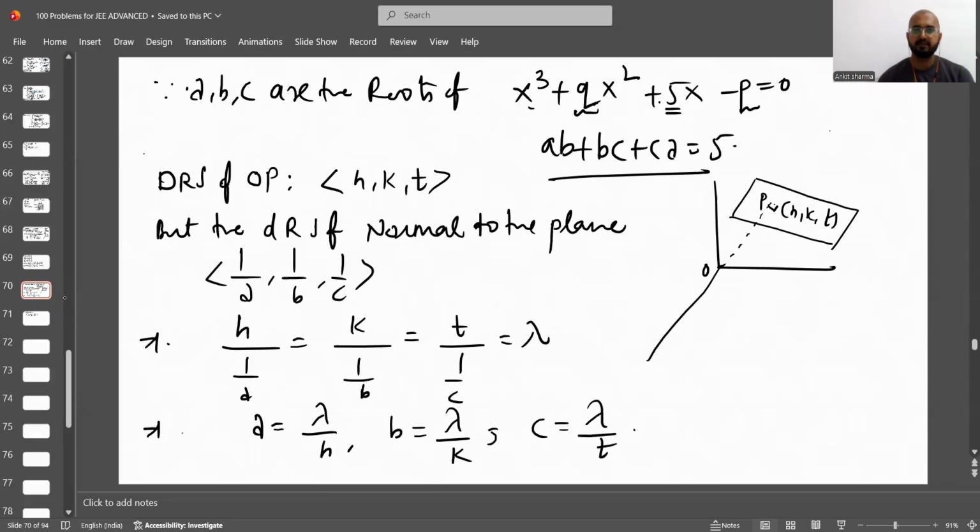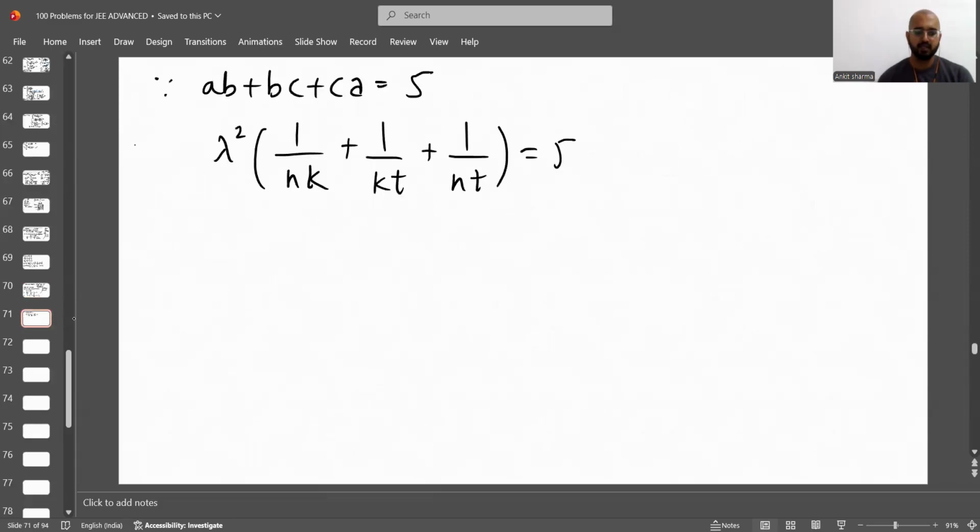AB plus BC plus CA is 5, given. Yeah, so we have used this thing. Now this thing is equal to 5, we have got. Now from here, I'll try to find out HK, KT, and HT, and let's see what we get. Lambda square will be what? No, there is no point.